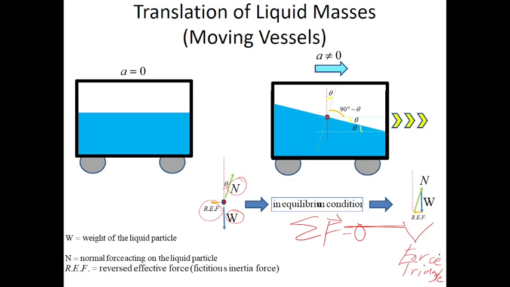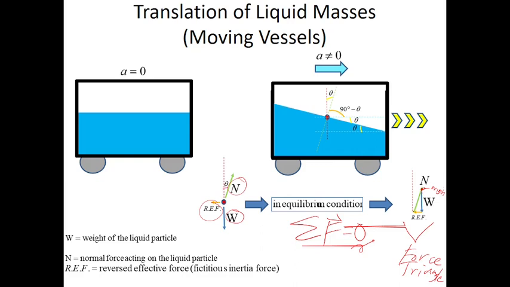And in that case, since this is the origin, meaning W, REF, then the normal force, their sum is zero because it went back to the origin.